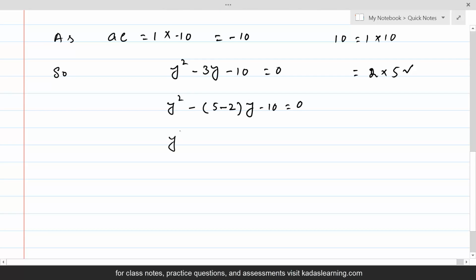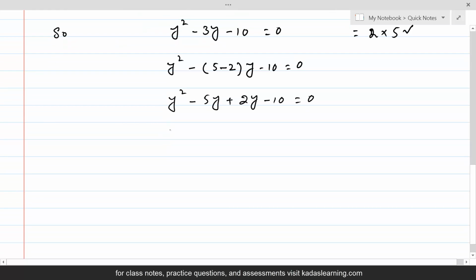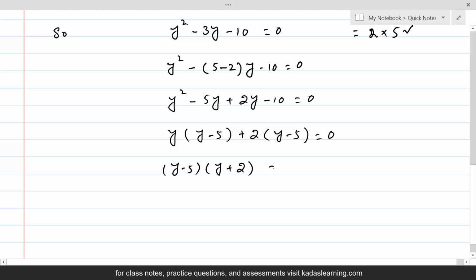So this would be y squared minus 5y plus 2y minus 10 equal to 0. And if we take y common from the first two terms and 2 common from the last two, this would be y(y minus 5) plus 2(y minus 5) equal to 0. From here we have y minus 5 common, which will give us (y minus 5)(y plus 2) equal to 0.